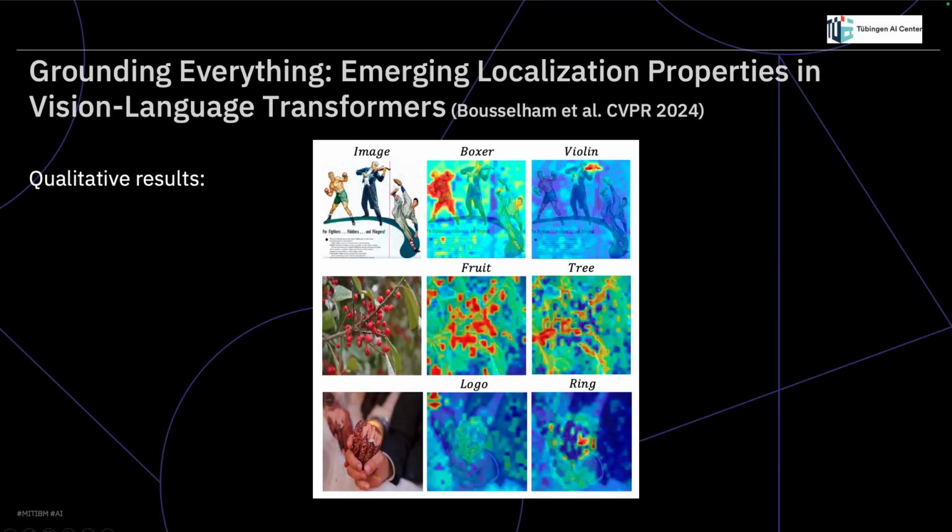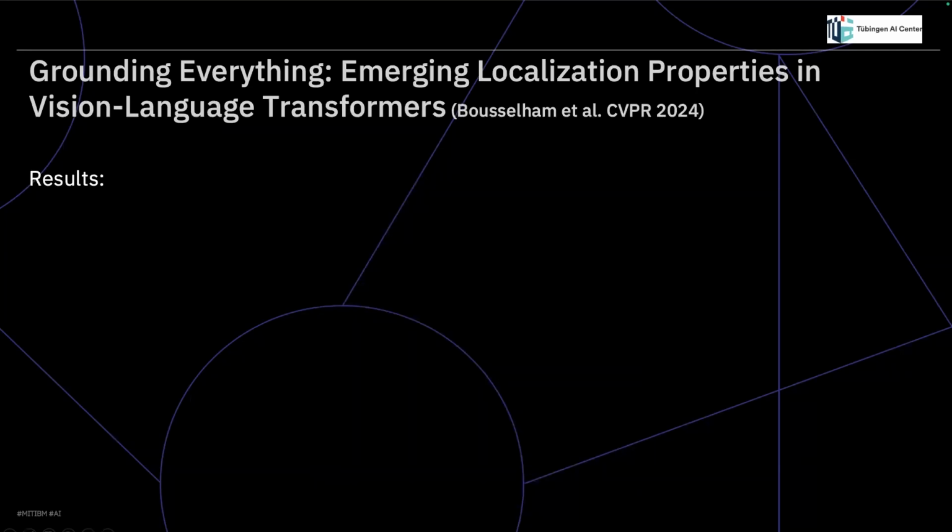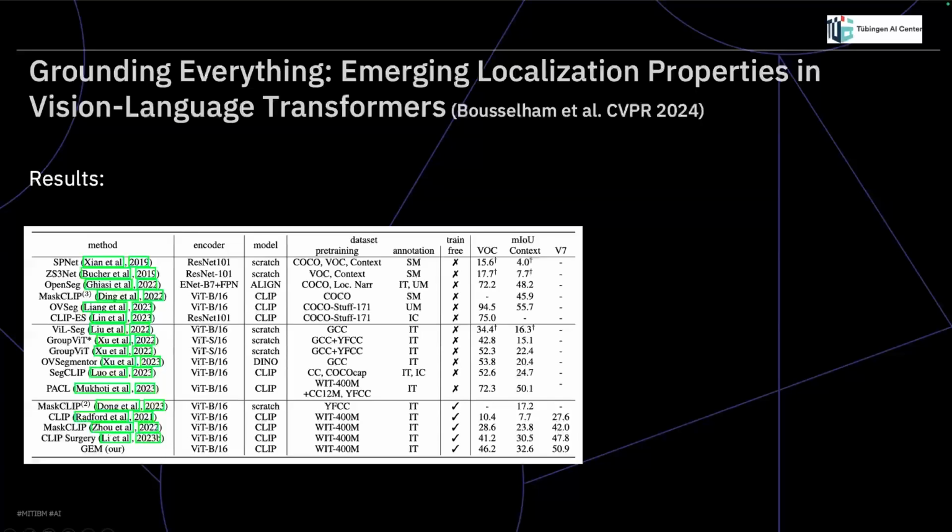And for that, I have some numbers for you. Just in terms of results, when we consider the localization ability of the method that I showed you, GEM, that we proposed, compared to CLIP Surgery, MaskCLIP, and all the other training-free methods, you will see that, for example for VOC, you can argue there are much better methods.